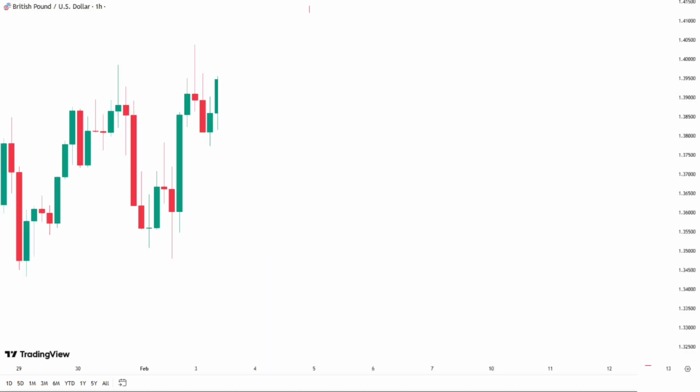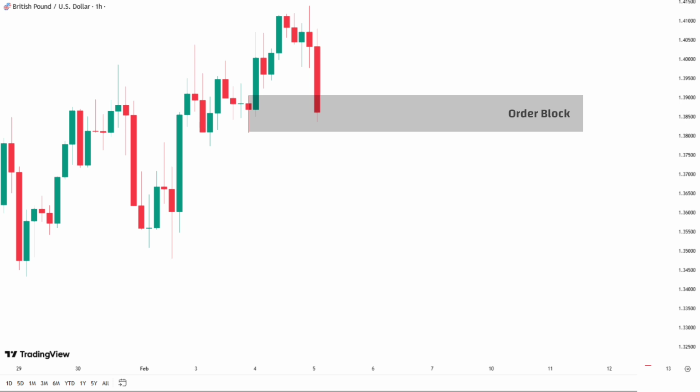On a bearish example, consider the British pound on the 1-hour chart in a sustained uptrend with higher highs and higher lows. Price pulls back into a prior bullish order block that previously caused strong upside movement. The reaction fails to produce continuation. Price sweeps the previous swing high, taking buy-side liquidity.